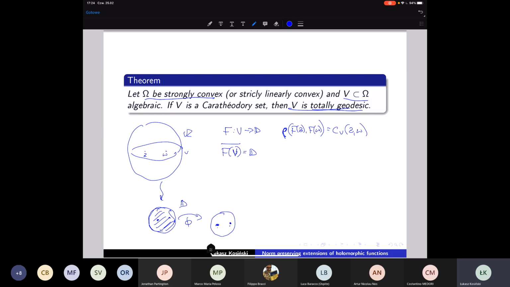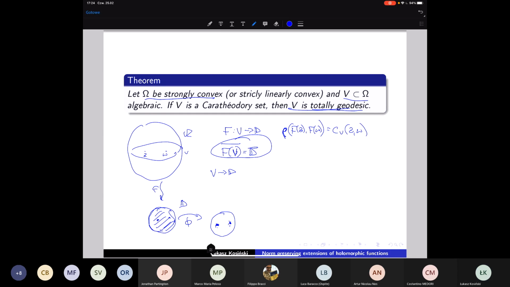Now, if we compose these mappings, we get a map on V for which the distance here is higher. On the other hand, we know that these functions are equal on V. So this gives a contradiction. So it cannot be the case. So this means that the closure of f of V is equal to the closed unit disk.